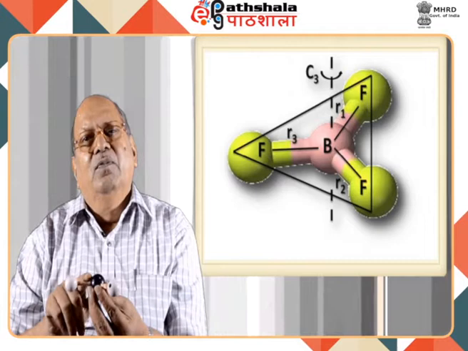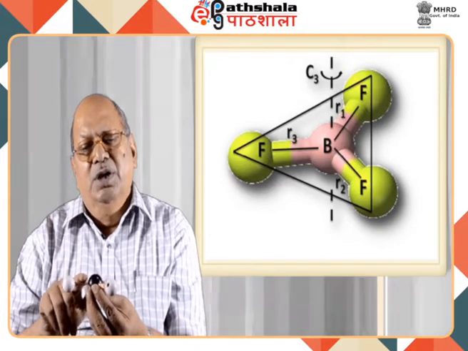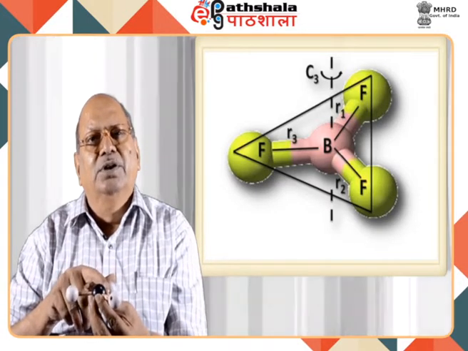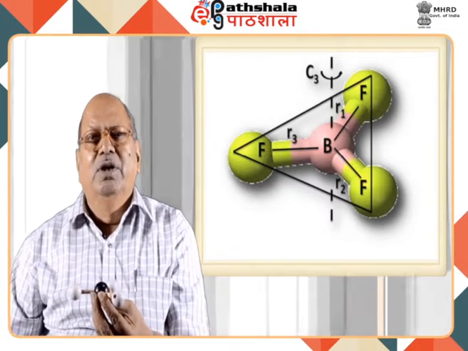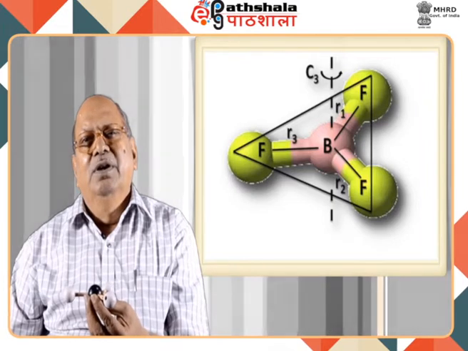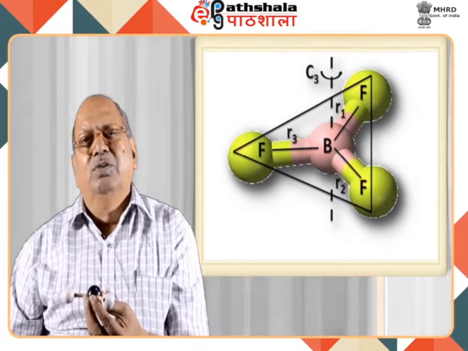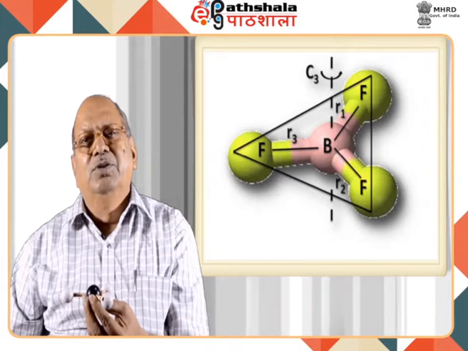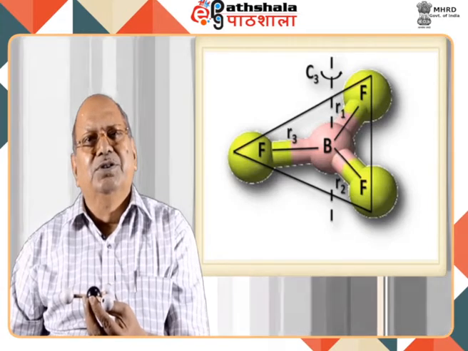Now, again we have three bond vectors R1, R2 and R3, and we will similarly use these. We have the bond vectors R1, R2 and R3 in this molecule, and the C3 axis is shown.